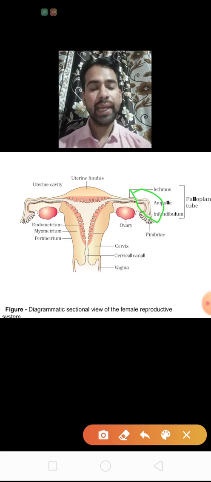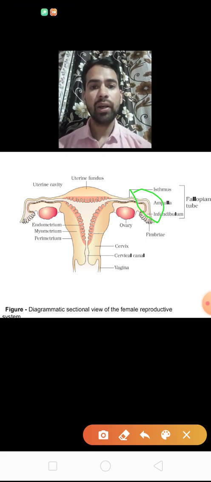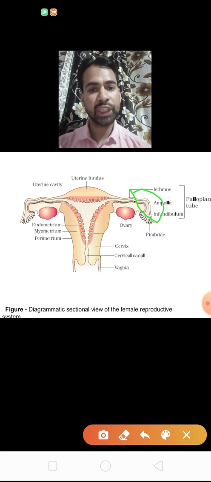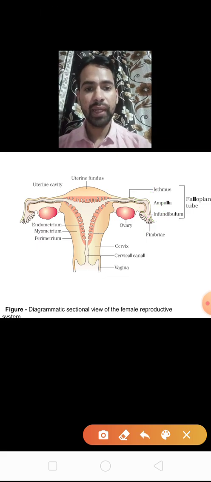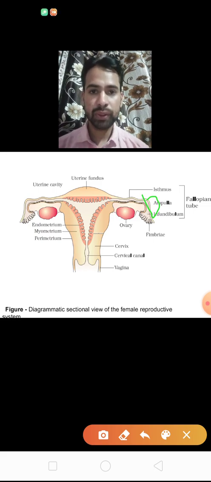When the egg is released from the ovary, the finger-like projections, fimbriae, receive the egg and transport it to the oviduct or fallopian tube, in the ampulla isthmus junction. Here at this site the egg goes.